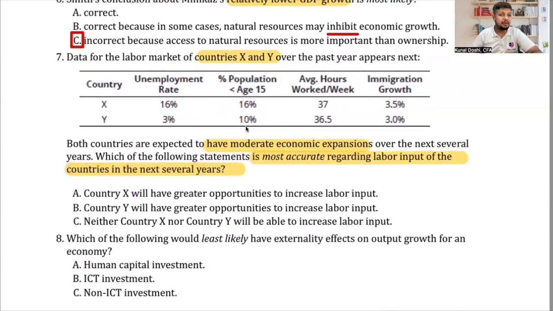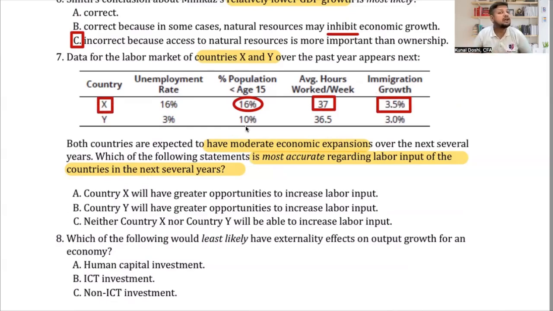Now, when I talk about labor input, we need to see which country will have a much higher younger population. If you see the percentage of population below 15, X has more of that population, more hours worked, and better immigration growth. So relatively, X will be at more advantage in the long run, correct? So X will have more opportunity.